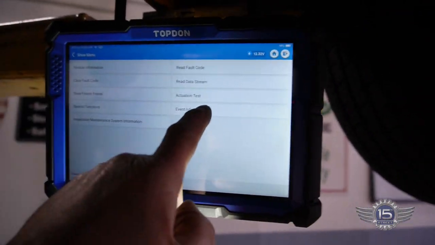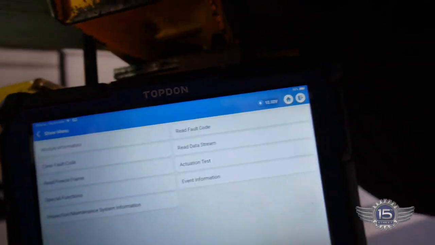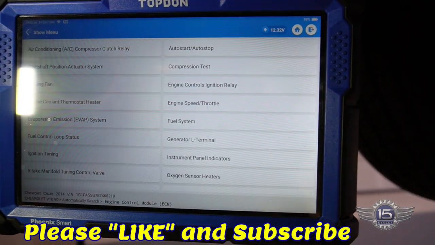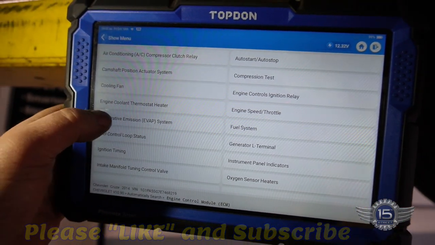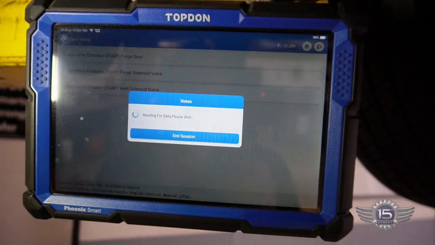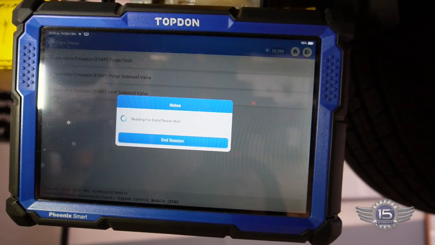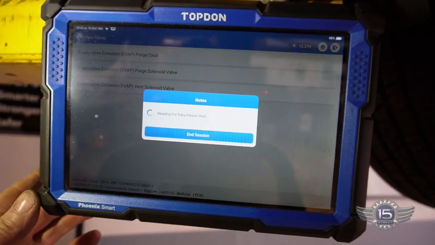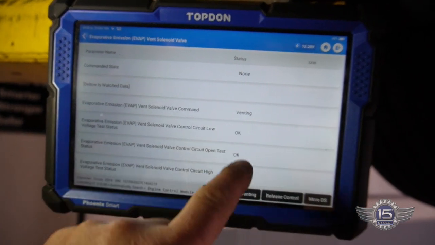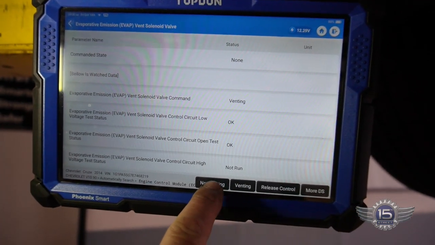So we go to, get my light here, actuation tests, evap vent solenoid. Okay, so it's venting right now, so we want to go to not venting.